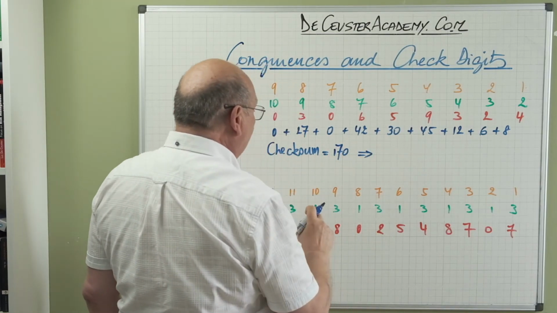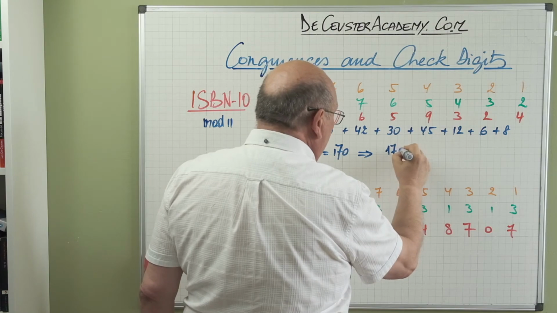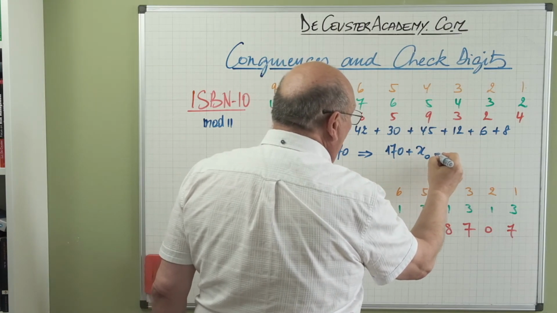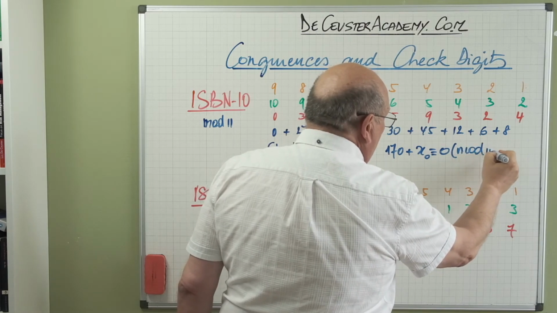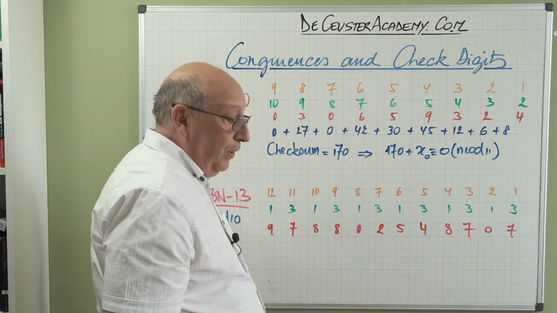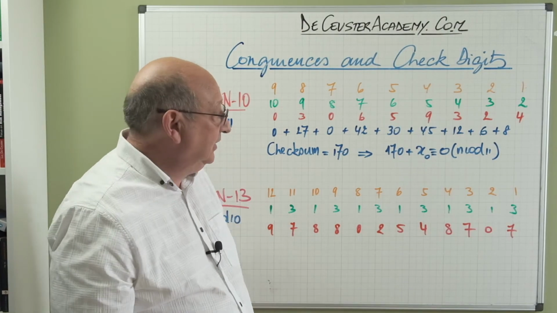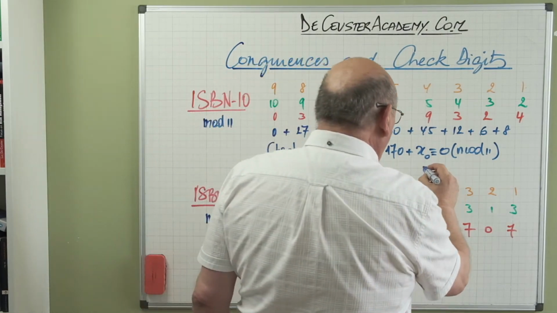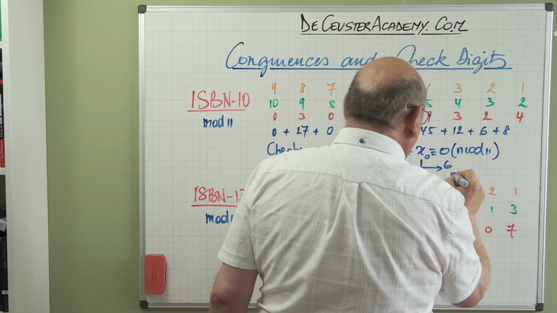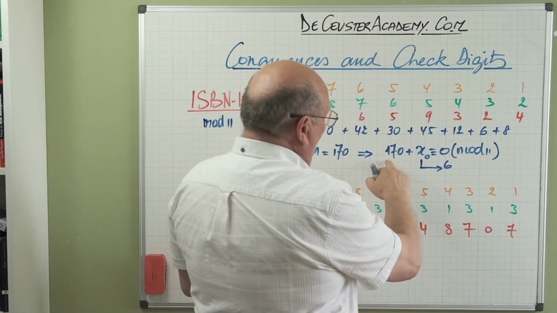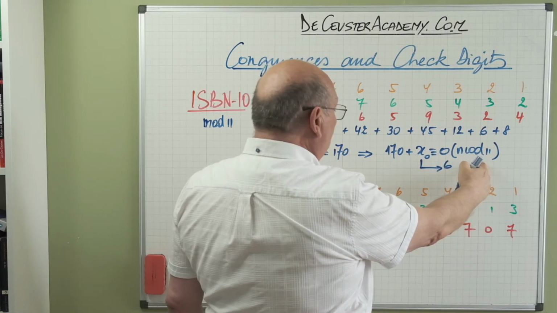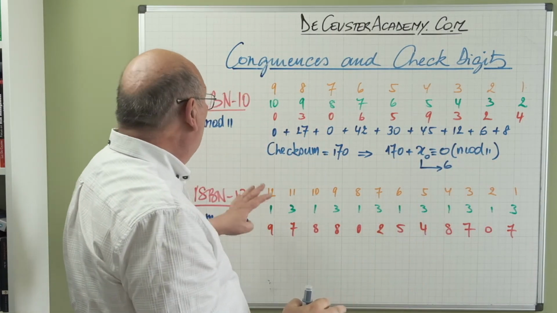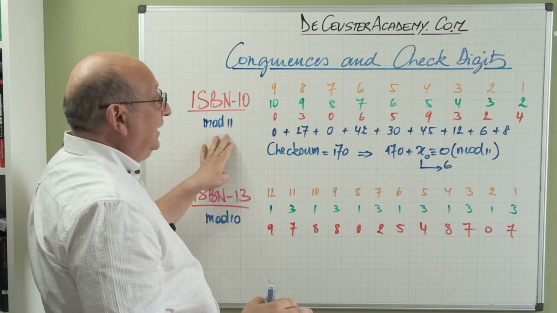And we have to find that 170 plus x0 is congruent with 0 modulus 11. And when we look at that, we find that x0 is in fact equal to 6, because 176 is 0 modulus 11. So that's the ISBN 10 code.